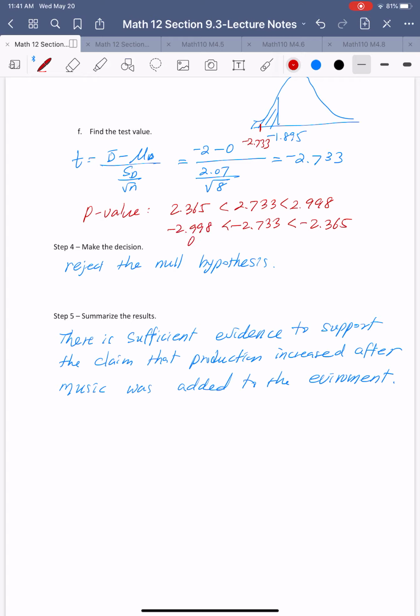So the p-value is about between 0.01 and 0.025, compared with alpha, which is 0.05. Both numbers are less than alpha, that's why we need to reject it. So you can use a p-value or the test value to compare with the critical value. All right, that's all. Thank you for listening.